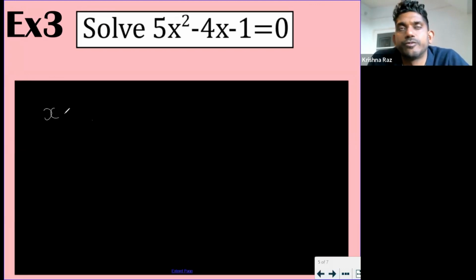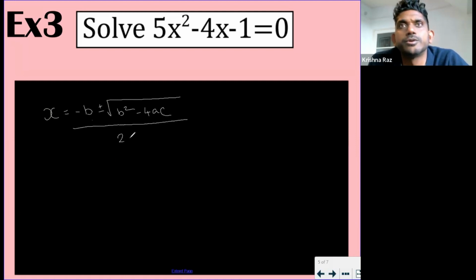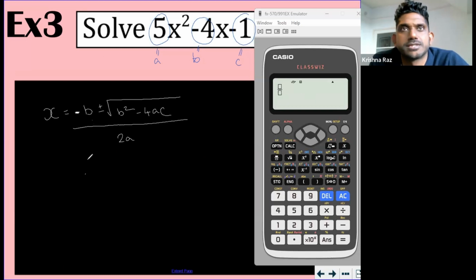So we recall the formula x equals minus b plus or minus the square root of b squared minus 4ac all over 2a. Okay, so now we need to sub the numbers in. The difference being we have a negative value of c.